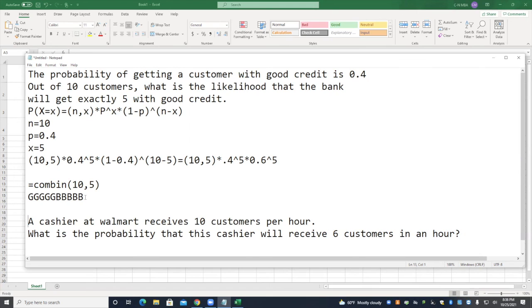So the probability that x is equal to 6 is going to be 10 to the power 6, and then e to the power negative 10, divided by 6 factorial, x factorial. Now, what does it mean to take a constant or a variable to a negative power?